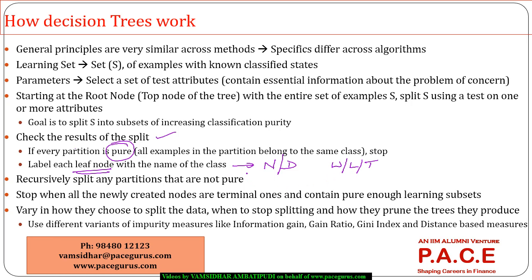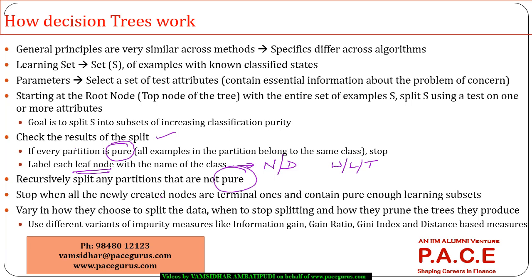And if that particular group is not pure, then you will think of further doing some kind of partitions on that particular node. But if that node has come out to be pure, then you don't want to do any kind of partitions based on that particular group.